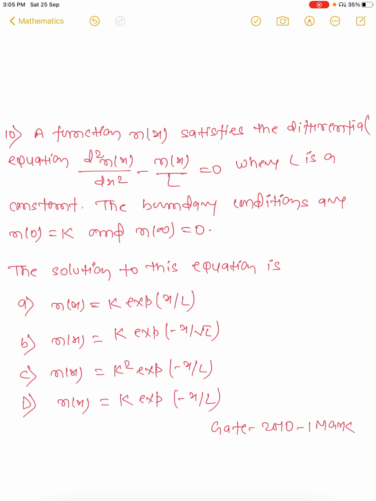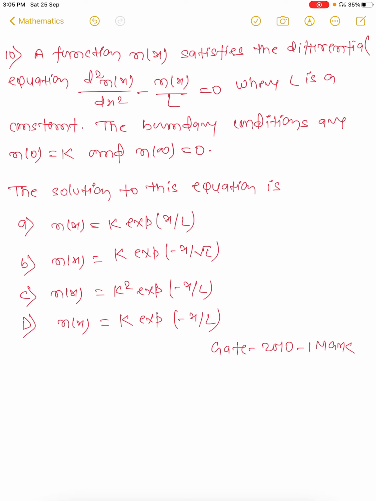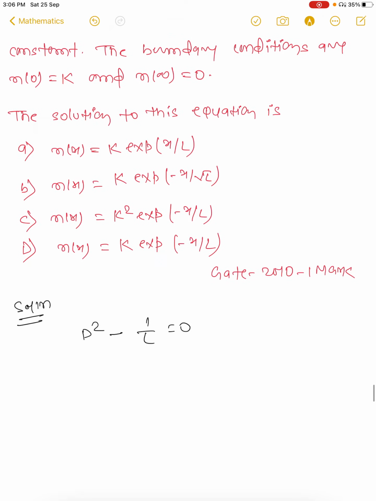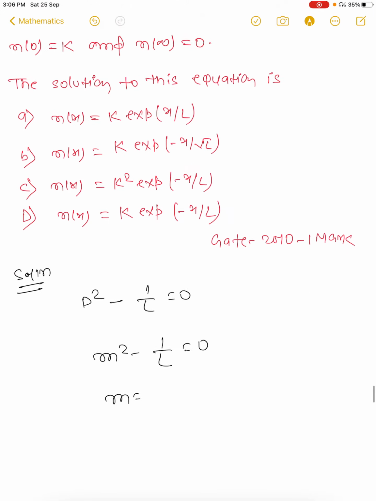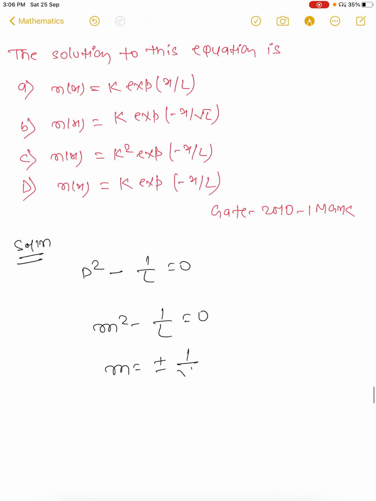The boundary conditions are n at x = 0 is equal to K and n at x = infinity is equal to 0. The solution of this equation is... here D² minus 1/L² is equal to 0. So according to the auxiliary equation, m² minus 1/L² is equal to 0, m is equal to plus minus 1/L.